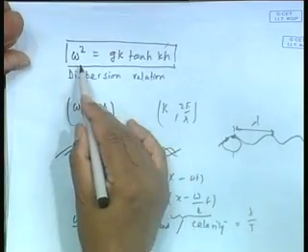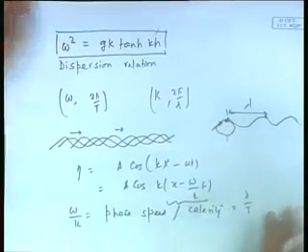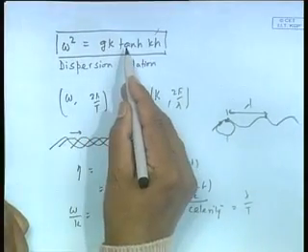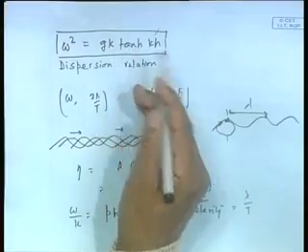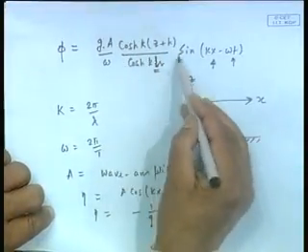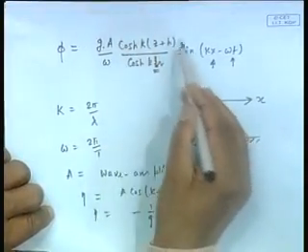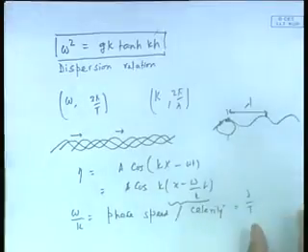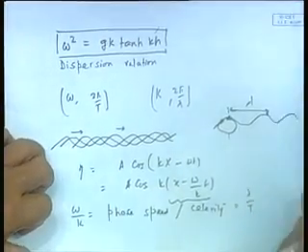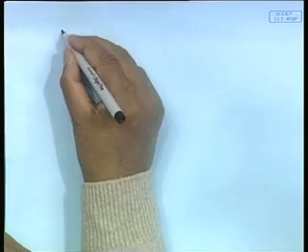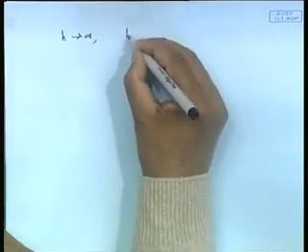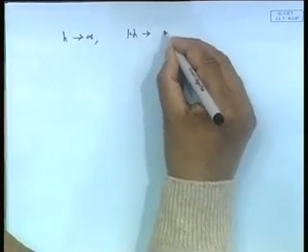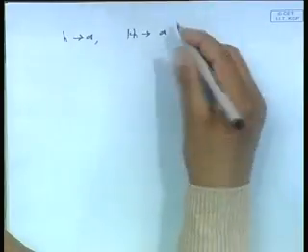In such cases, my relation becomes omega is equal to gk. In fact, these relations all become exponential, e power of kz minus kz. So, in deep water, when I assume h tends to infinity, then kh obviously also tends to infinity, because kh is 2 pi by lambda into h.